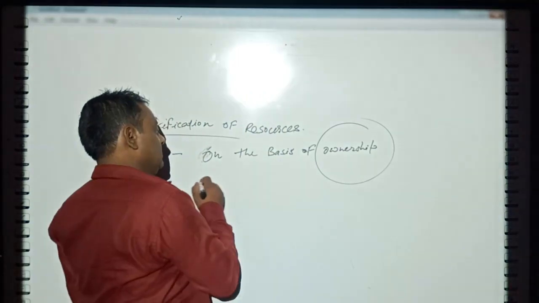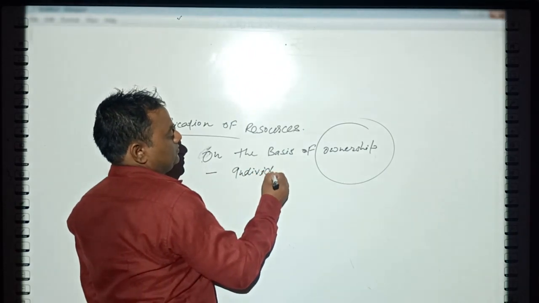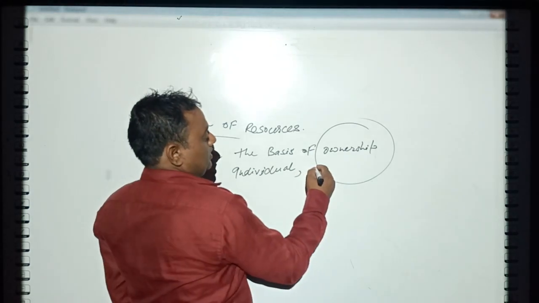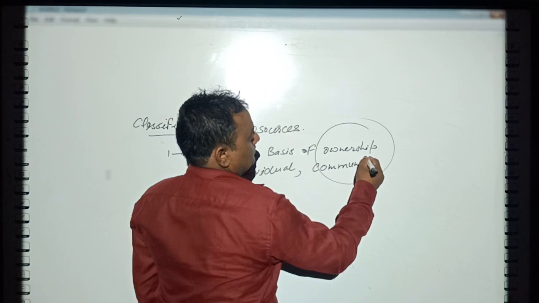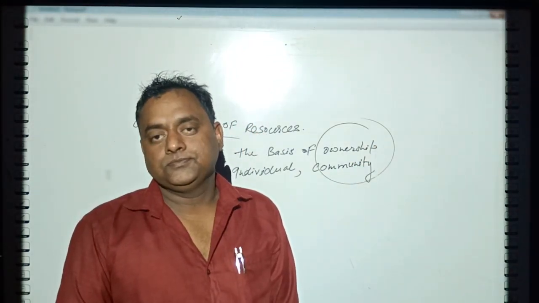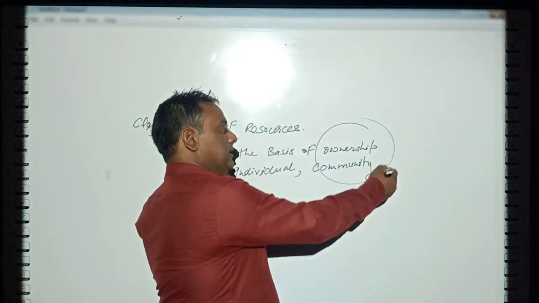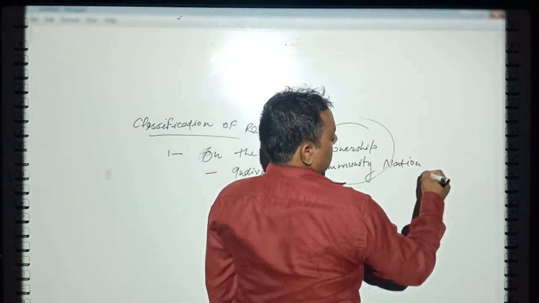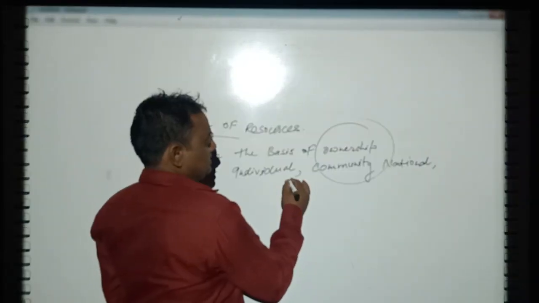First are individual resources, second are community-owned resources, third are national resources, and fourth are international resources.